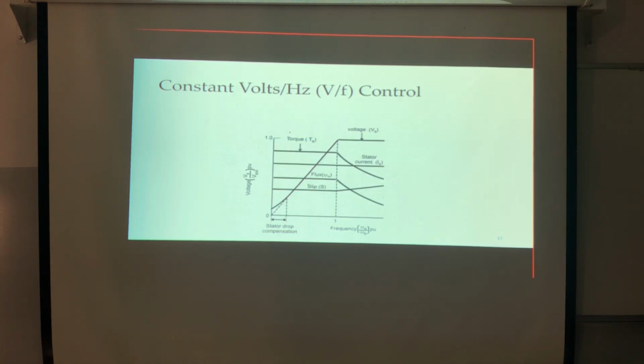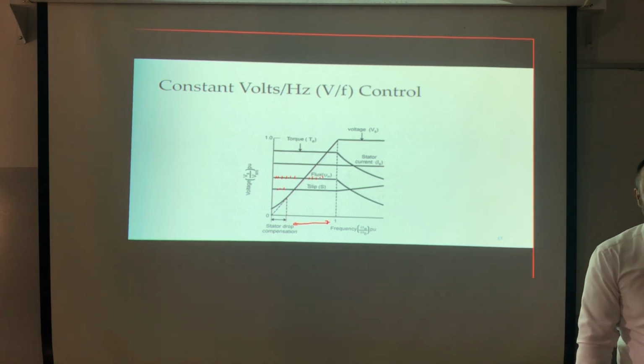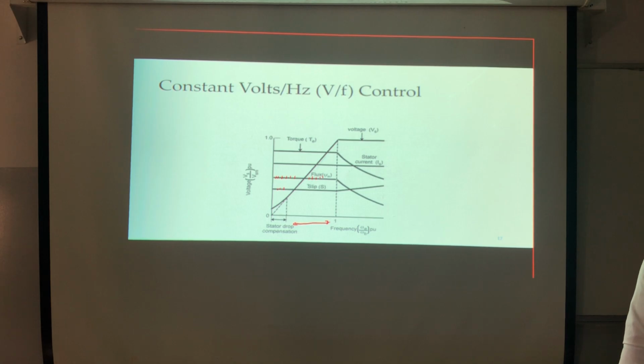So simply, this is the relation. Now, in the constant V over F, the flux is constant. So here I will try to keep the slip constant at the rated value. If I keep the slip constant at the rated value, then the efficiency will be the same, the highest efficiency.